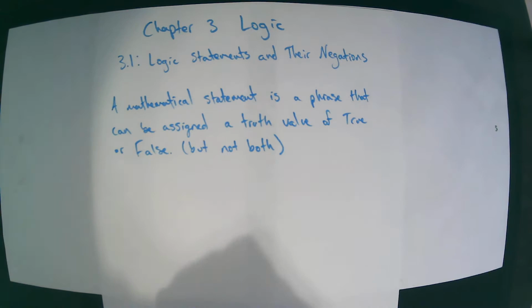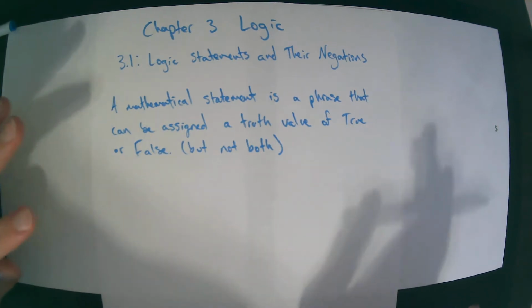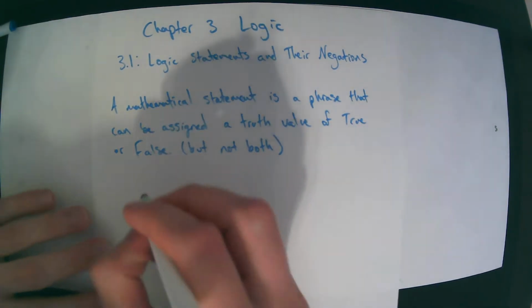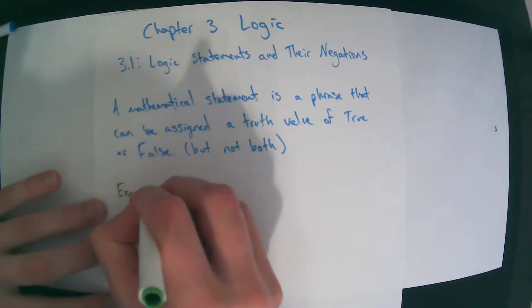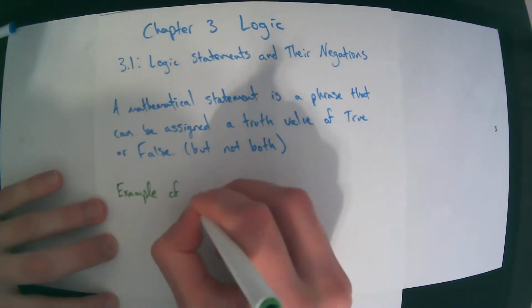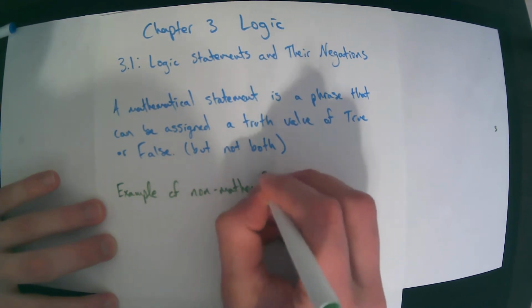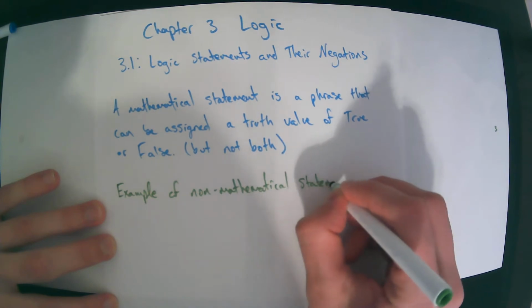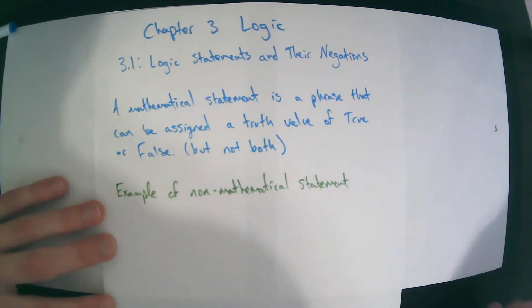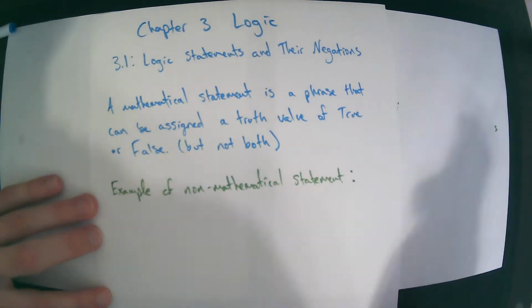Okay. So let's do some examples of things that are not mathematical statements and things that are mathematical statements. So, for example, say an example of a non-mathematical statement. I may say logical statement instead of mathematical statement later. Kind of interchangeable there.